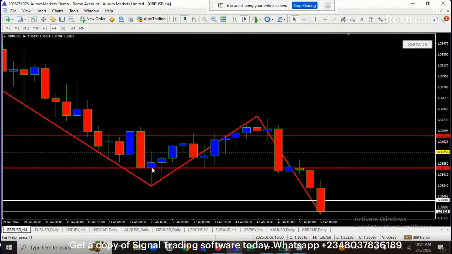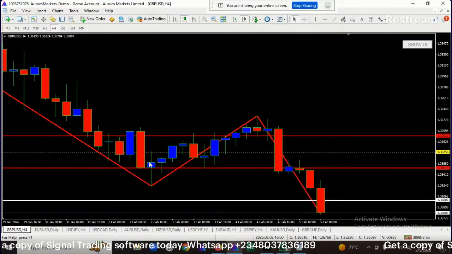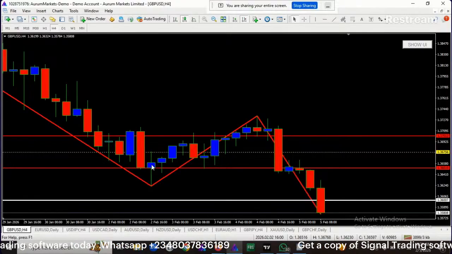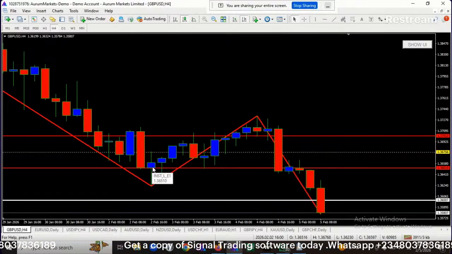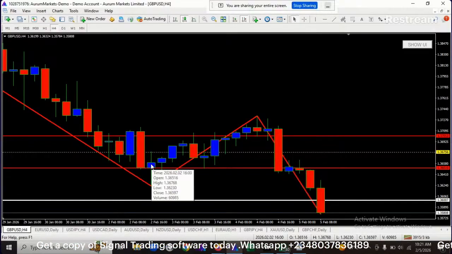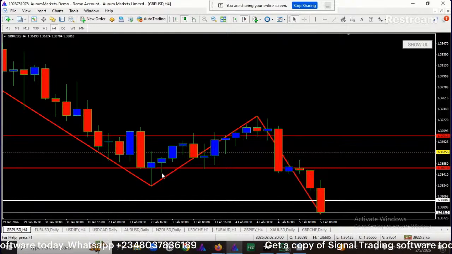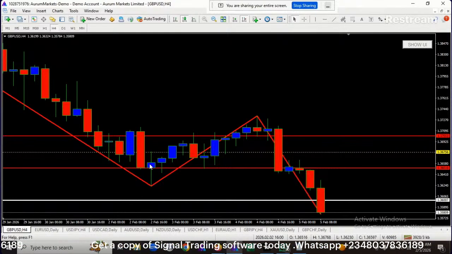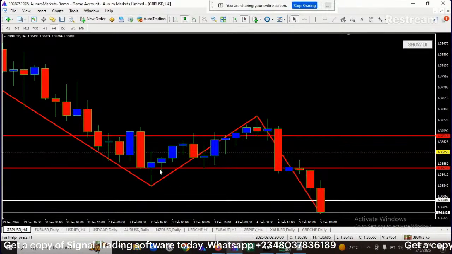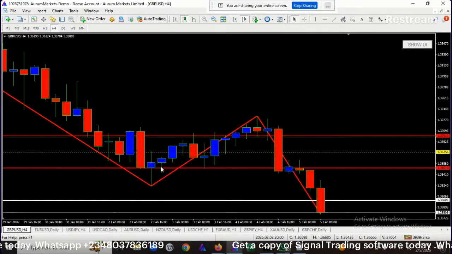You can see that the wick below it is 2 times the body. That is why it is called a hammer. The wick below should be at least 2 times the body for it to be called a hammer. This is also a hammer. The wick below it is 2 times the body. So if you had missed the opportunity buying from this point, you had another opportunity to buy from this point. So that is what a hammer looks like.